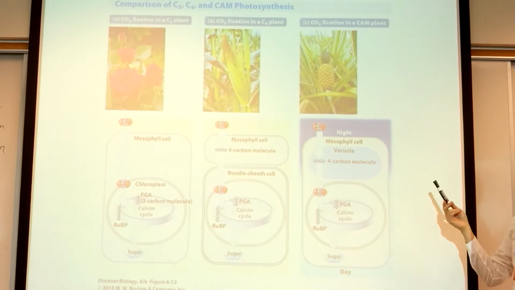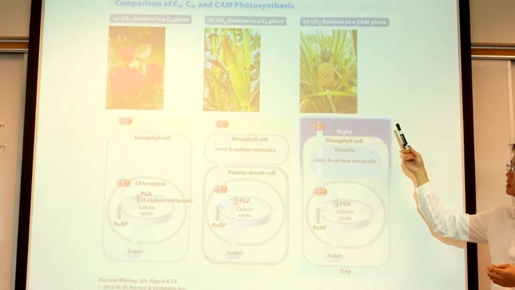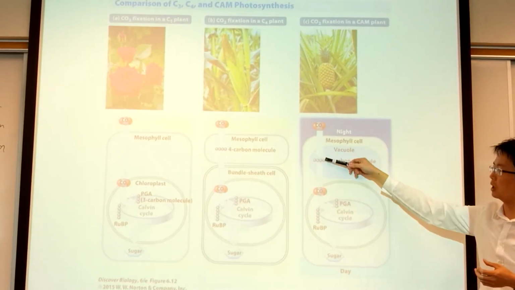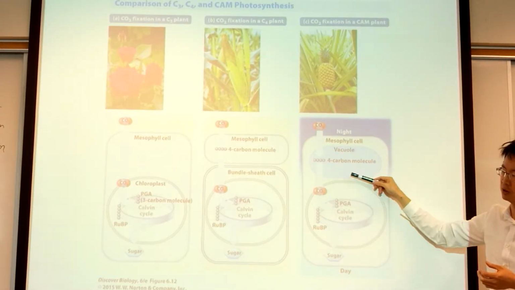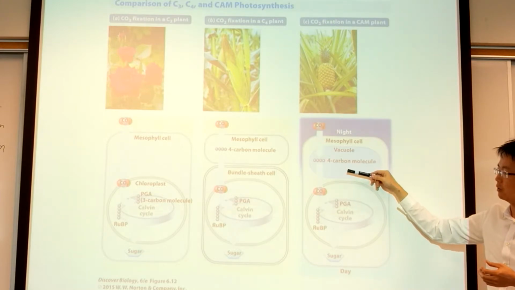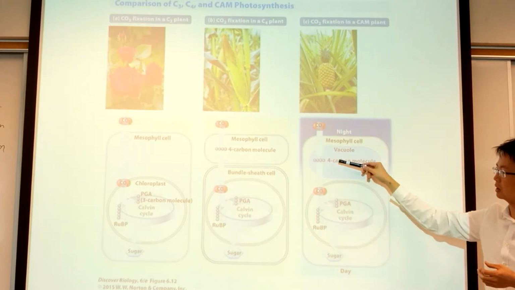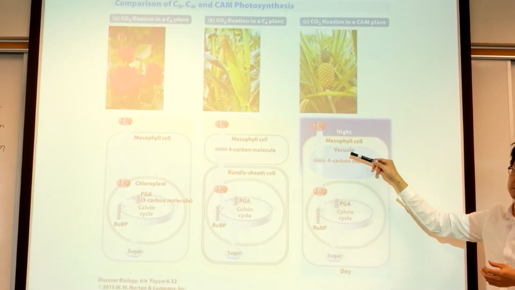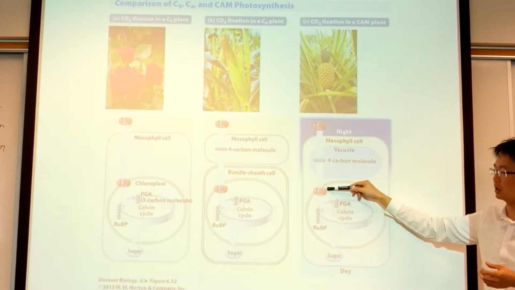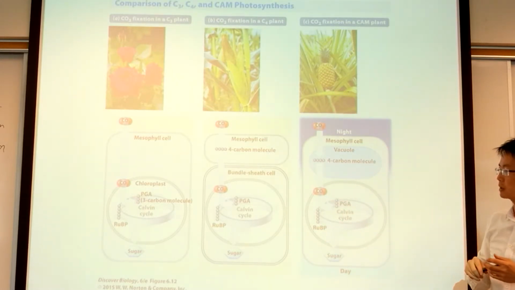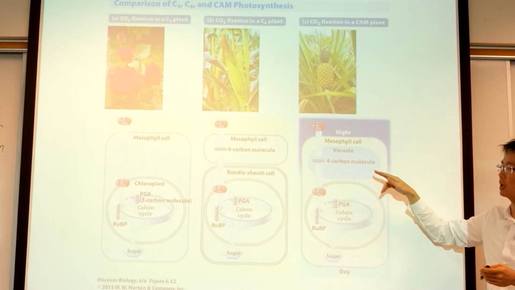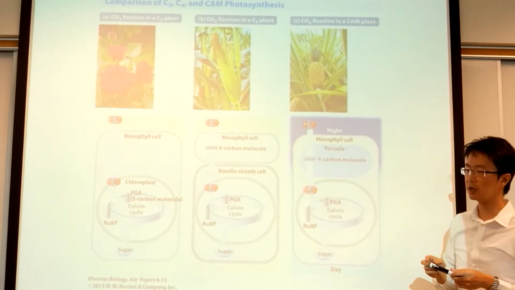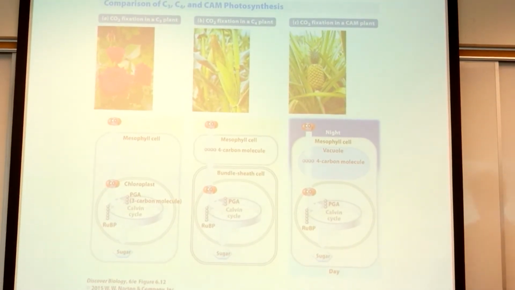In CAM plants, similarly, they take in carbon dioxide, but they store it as a 4-carbon molecule in a vacuole. When they want to do the Calvin cycle, they convert the 4-carbon molecule back to carbon dioxide. In other words, they have a continuous supply of carbon dioxide in the form of a 4-carbon molecule, so that photorespiration will not occur.